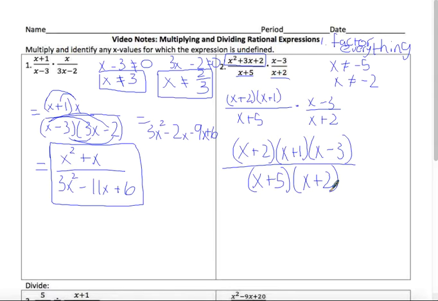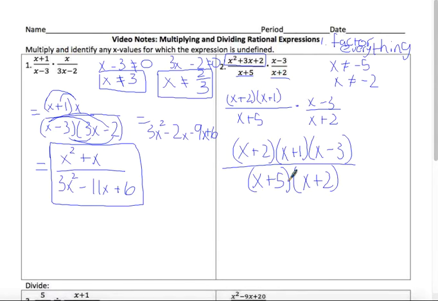And the reason we didn't want to expand is we can see this entire numerator is all things that are multiplied together, right? Because the entire numerator is things that are multiplied and the entire denominator are things that are multiplied, we can actually cancel out the factor x plus 2 since it's common to the numerator and denominator.